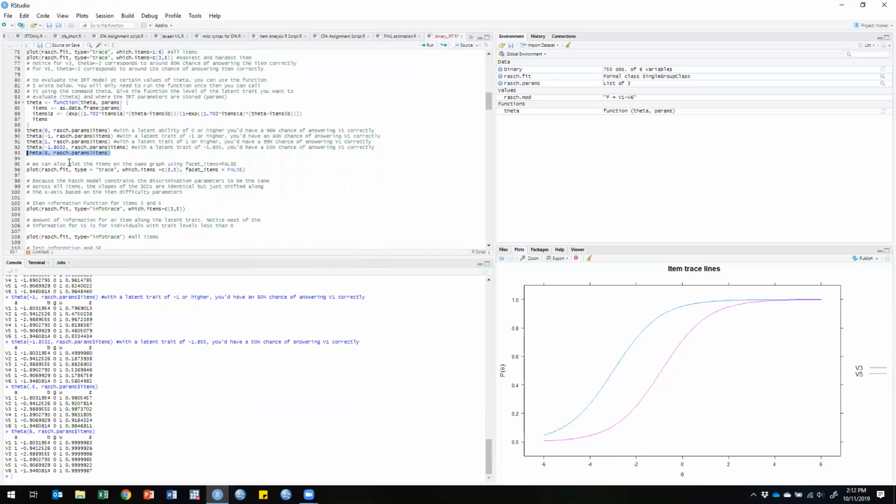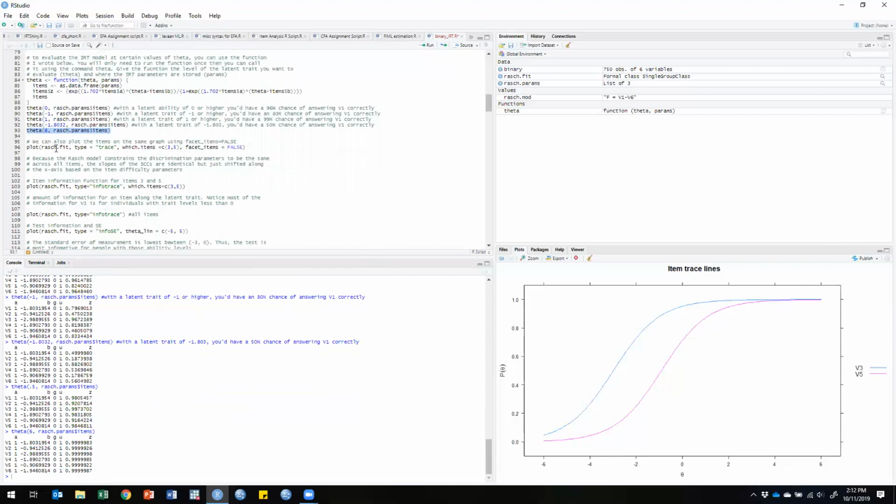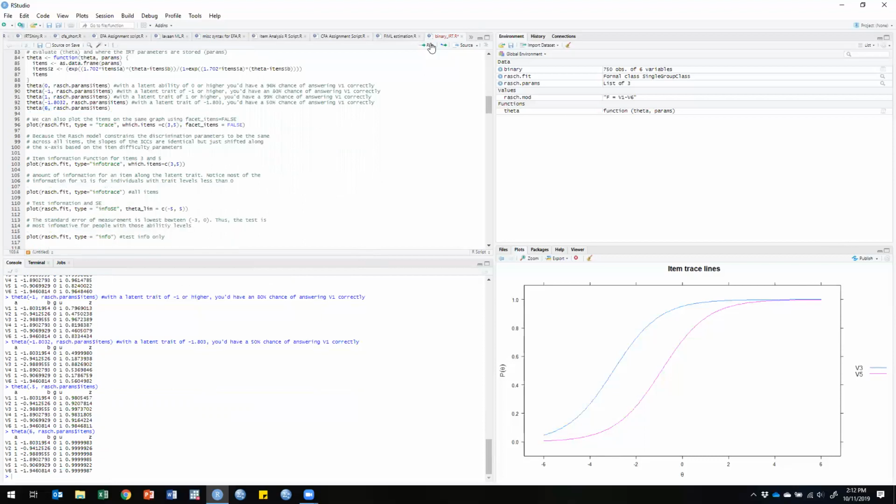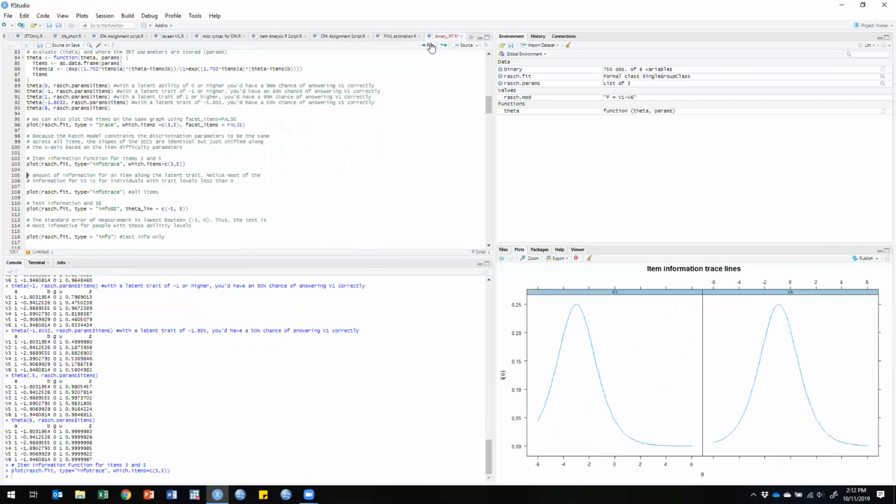Let's see. We can get the item information function. It tells us that the majority of information, say, for question 3 is really for ability levels, I would say, like, 0 to -4 or something.